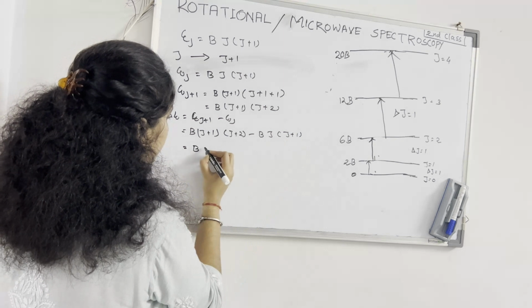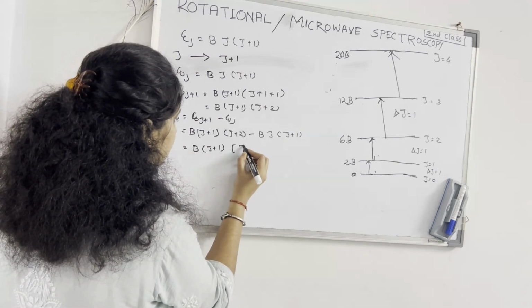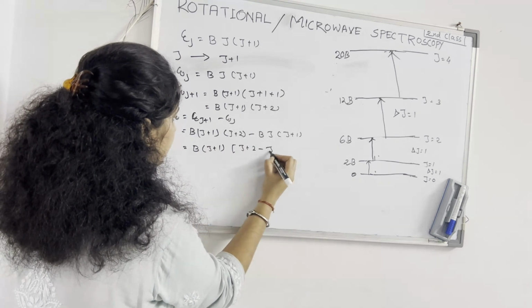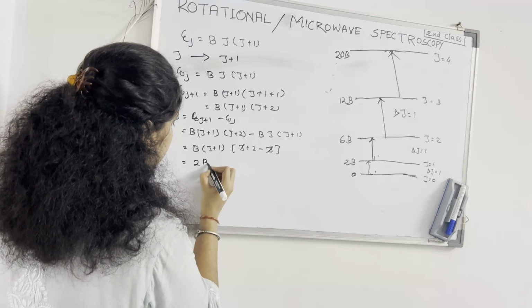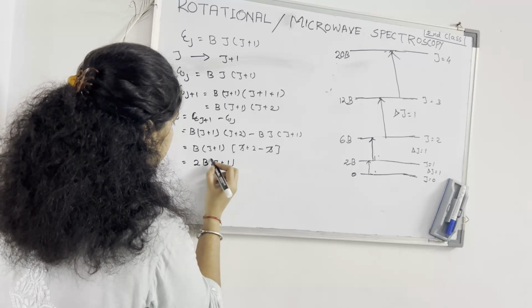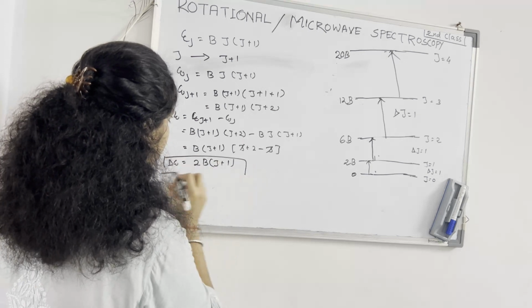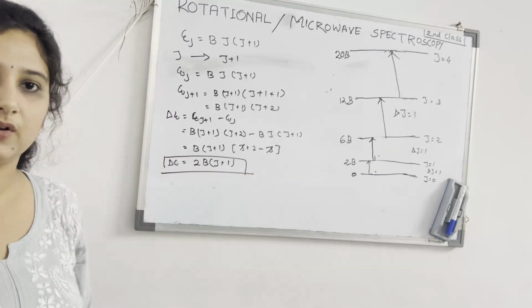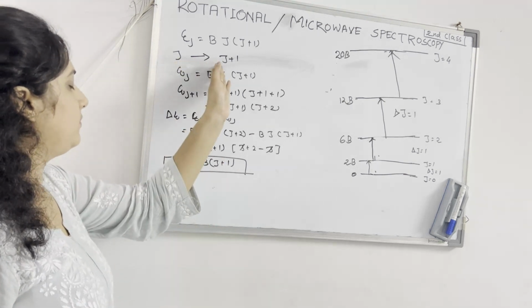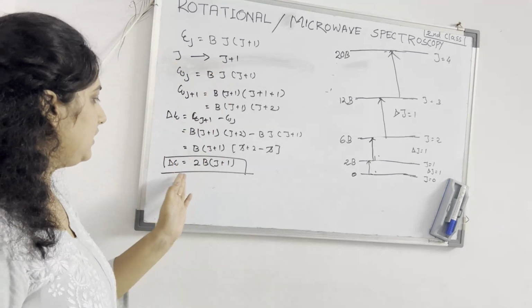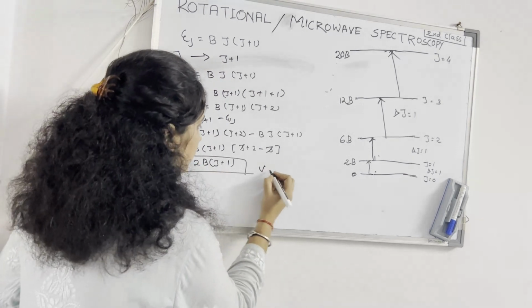So the common factor is B into J plus 1, then J plus 2 minus J. So this is 2B into J plus 1. So del E is equal to 2B into J plus 1. Okay, understand? If the transition is from J to J plus 1, del E is 2B into J plus 1. This is very important.